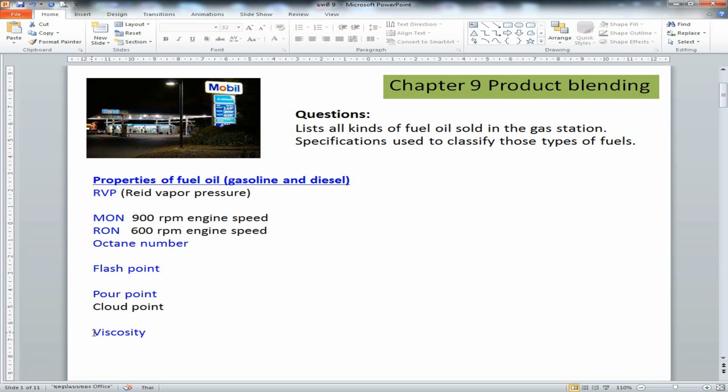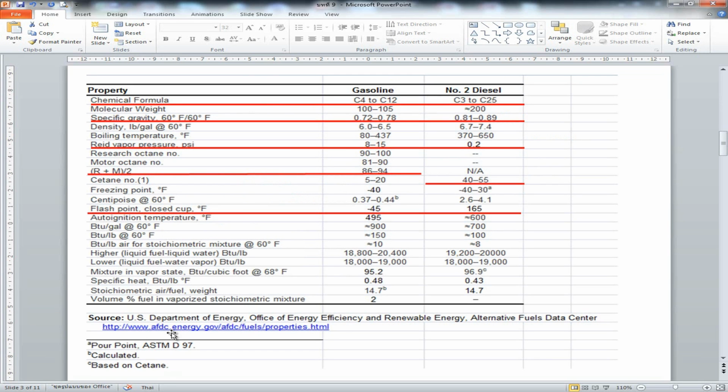Of course, the viscosity is the one that will be a concern in both gasoline and diesel. Well, I don't have our gasoline and diesel properties sold in the retail gas station here. So what I am showing in this slide is the data by the AFDC, Alternative Fuels Data Center, from the Department of Energy in the US.